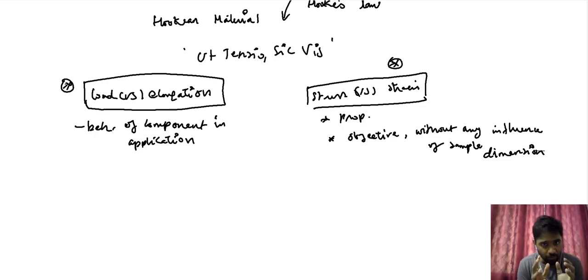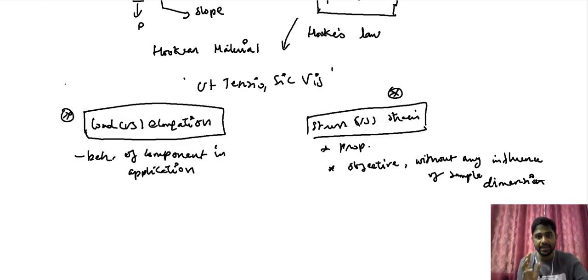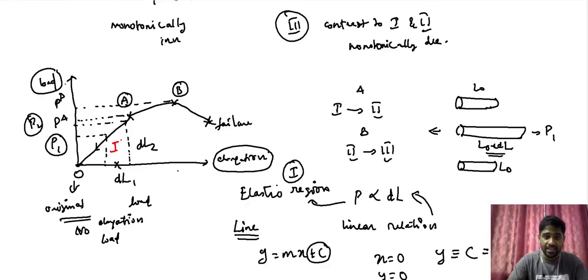Now, irrespective of which approach you adopt, the trend still remains the same. The key takeaway of this discussion, comparing load elongation and the stress strain curve, is that irrespective of which parameter you consider, be it load elongation or stress strain, the overall trend of the curve remains the same, because the materials that we are considering are metals and alloys.